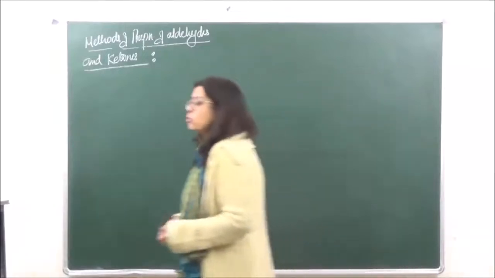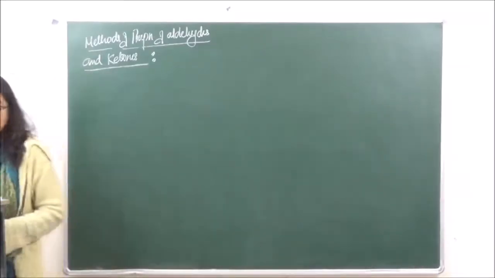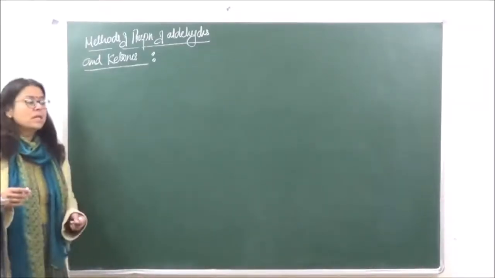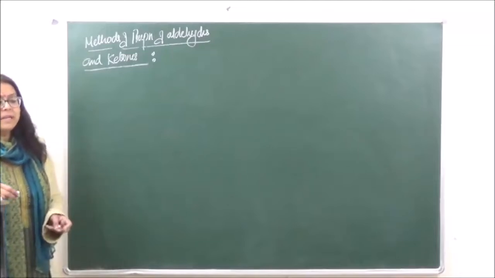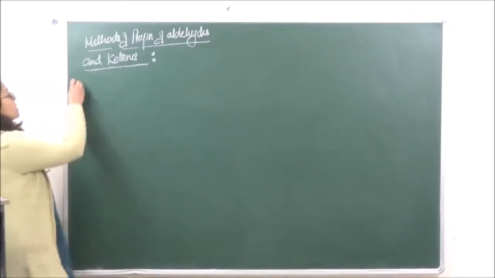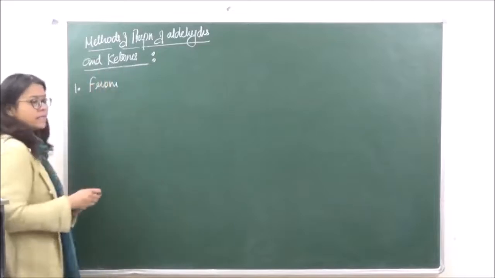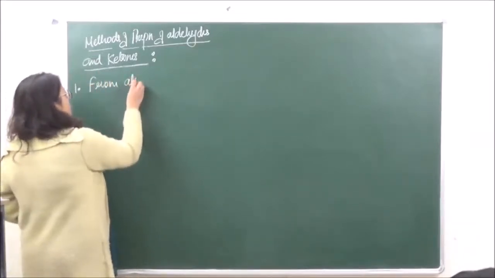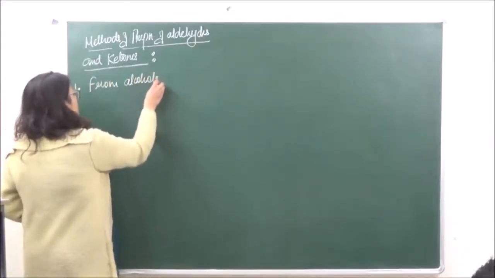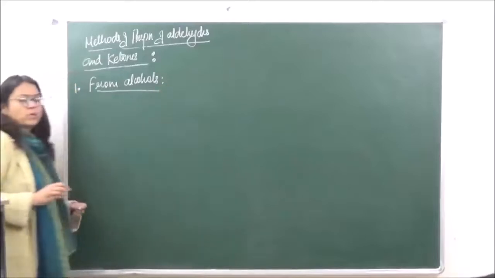So let's go on first to the general methods of preparation of both aldehydes and ketones. Some of them we have already done in alcohols. The first method of preparation is preparing aldehydes and ketones from alcohols.